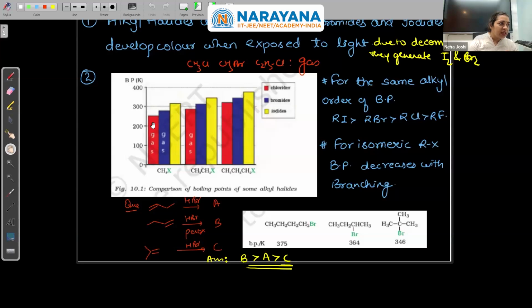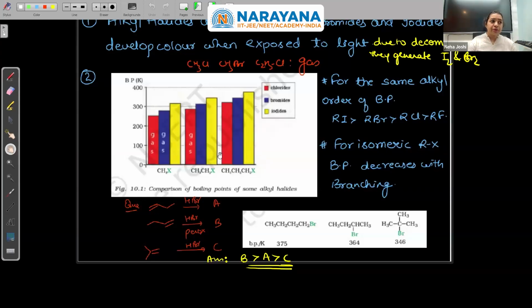Now see for the red column only, there is a continuous increase as we are increasing the size of the alkyl. Blue column, same thing. Yellow, same thing. Right? So if the halogen is kept same and the molecular weight of the alkyl is increased, then the boiling point is increasing.